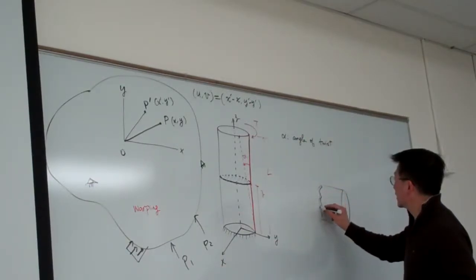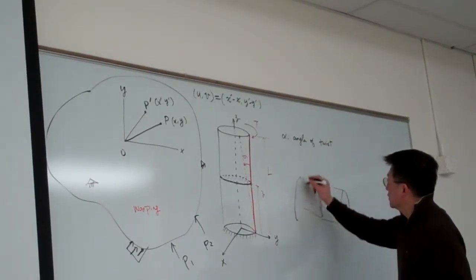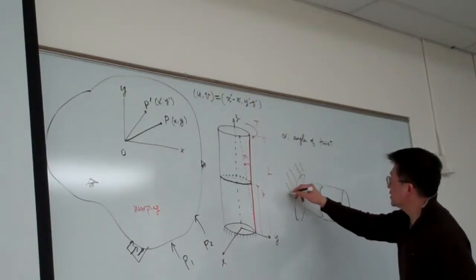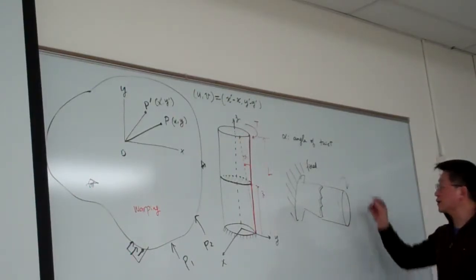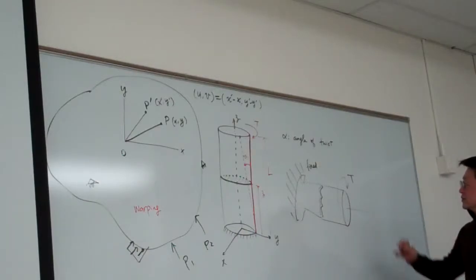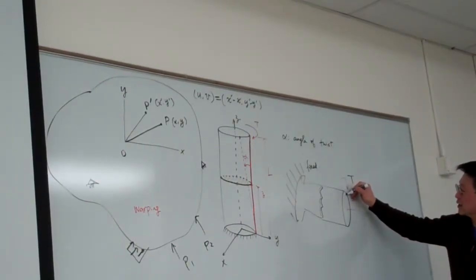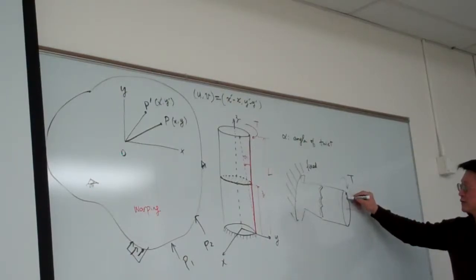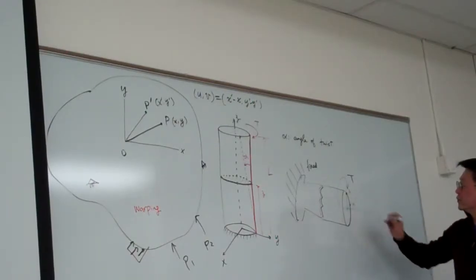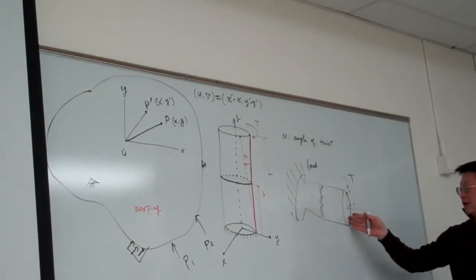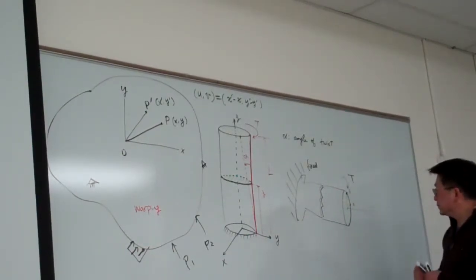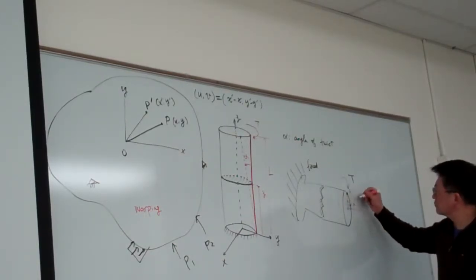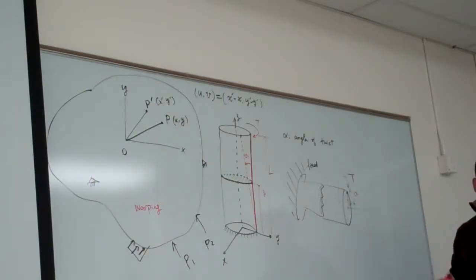Here this side is fixed against the wall, and when this is under torsion, this is the axial direction. This point is located before deformation, and after the torsion is applied, point A moves to A prime. So we measure the angle from this end, and this angle is defined as alpha. Alpha is called the angle of twist.